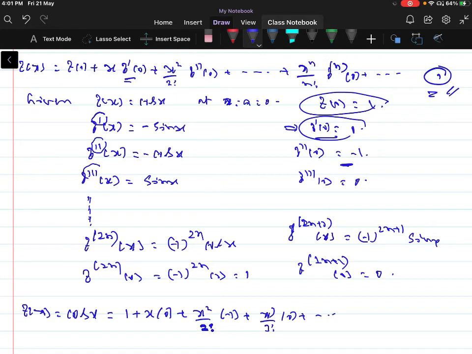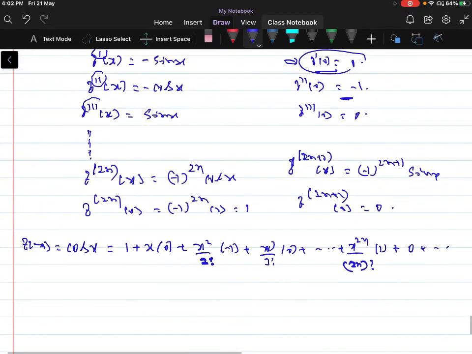When you come to the 2nth derivative, x power 2n by 2n factorial into the 2nth derivative of f at 0, plus the 2n plus 1th derivative, that is 0, and so on.